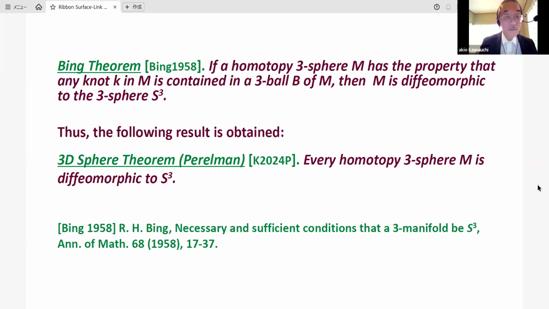Thus, the following 3D sphere theorem is obtained. Every homotopy 3-sphere M is diffeomorphic to S3.